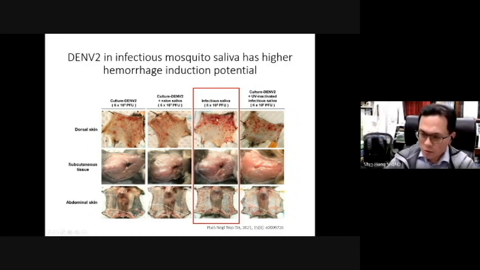But it is important to note that if the mice were given infectious saliva, they will develop more severe hemorrhage with greater area of involvement in the abdominal skin than other groups of mice. So this result suggests that dengue virus in infectious mosquito saliva has higher hemorrhage induction potential than virus obtained from cell culture.